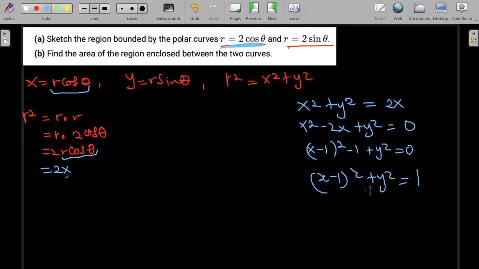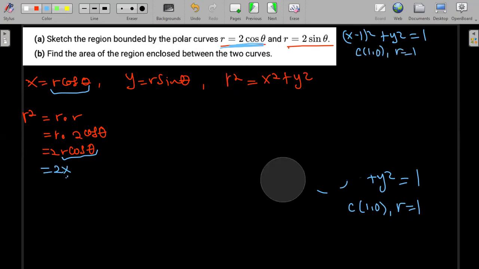So this is a circle with center (1, 0) and radius 1. That's the one I get from here, just a circle with center (1, 0) and radius 1.